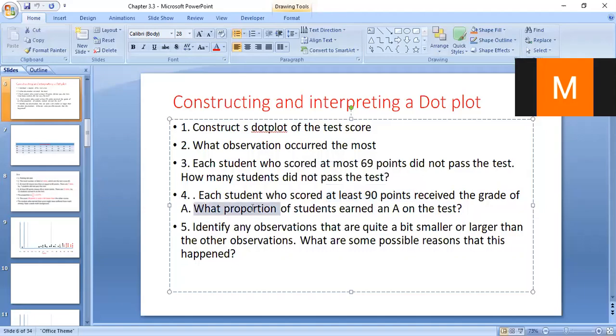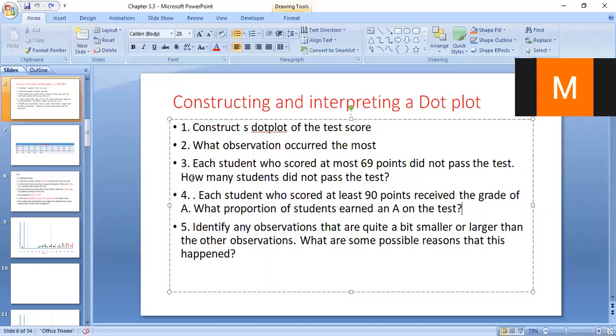In the question, they didn't ask how many students get at least 90 points, but you must find that number first, then divide by the total, and you get the proportion.